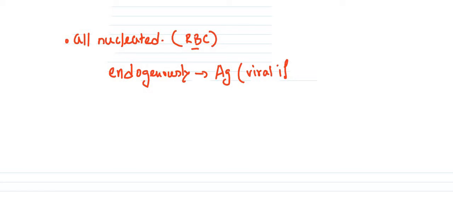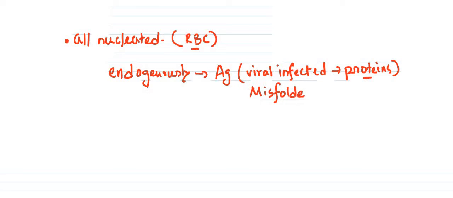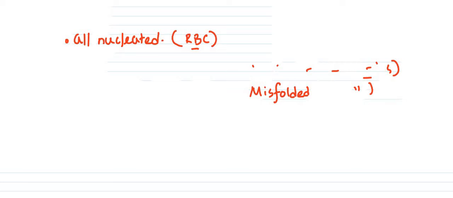If some virus infects a cell, that virus produces some proteins inside the cell, or maybe there is some misfolded protein inside the cell. These things are presented by MHC1. But how do they do it? Let's first discuss where the MHCs are coming from and how they present the antigens on their surface.